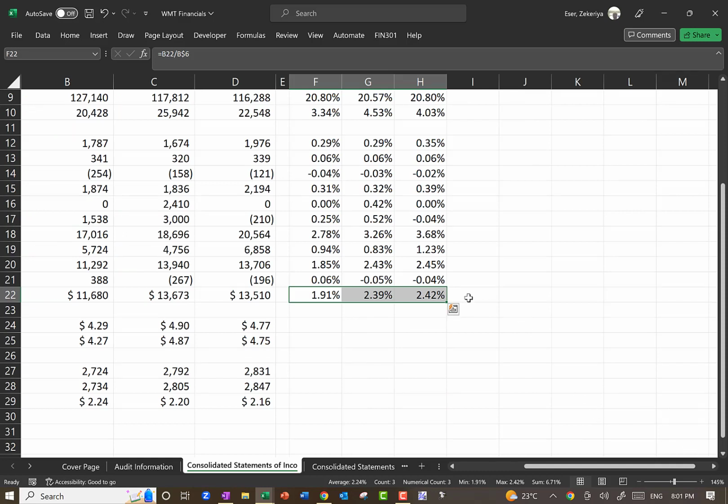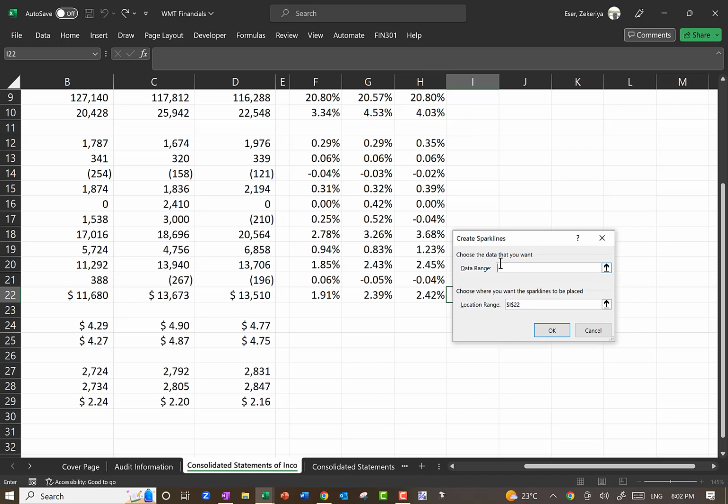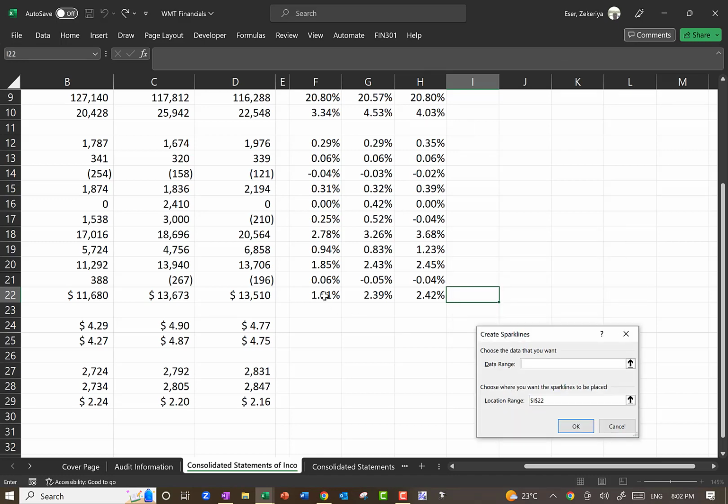But by the way, in Excel, if you want to do a quick and dirty pattern on a row, next to that row, just hit insert. It's called a line. Data range is this.